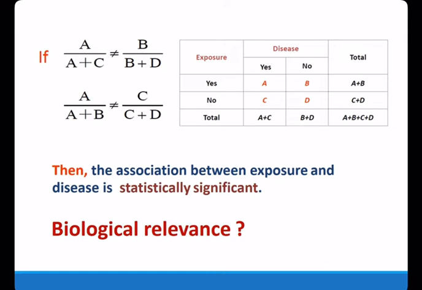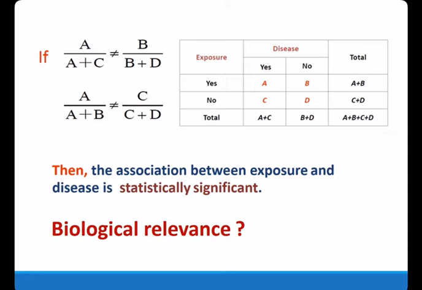So, if the probability of exposure is different in a case-control study, or the probability of having a disease in the future is different in the cohort study, then the association between the exposure and the disease may be significant. But even if there is statistical significance, is this association biologically relevant?